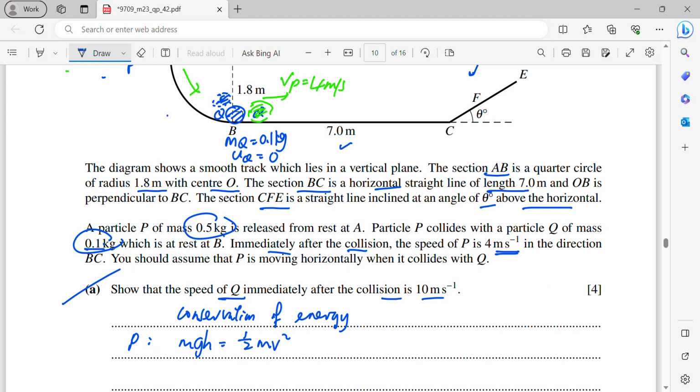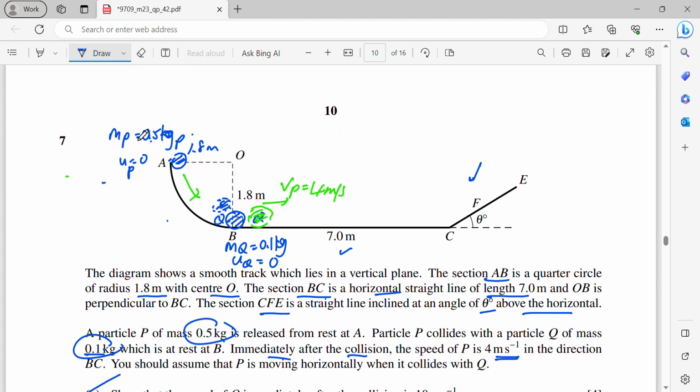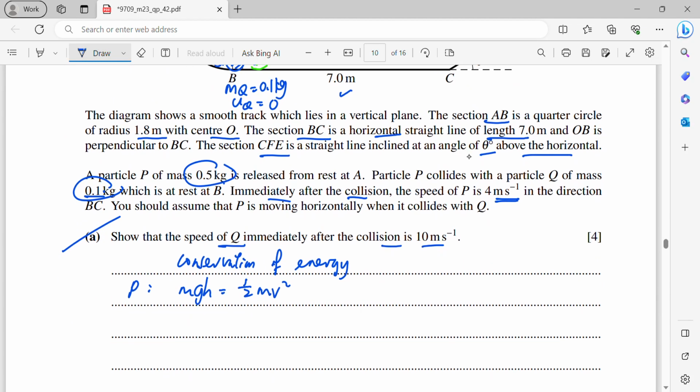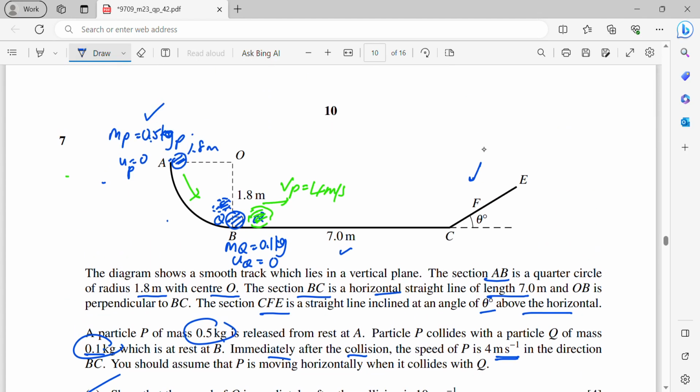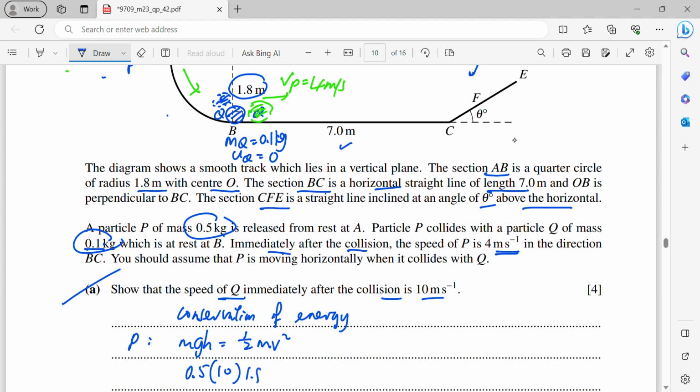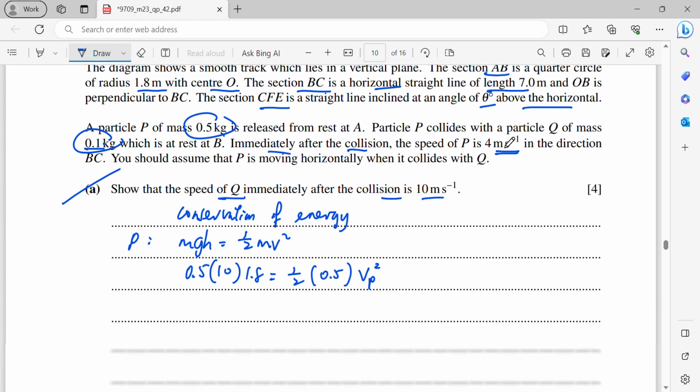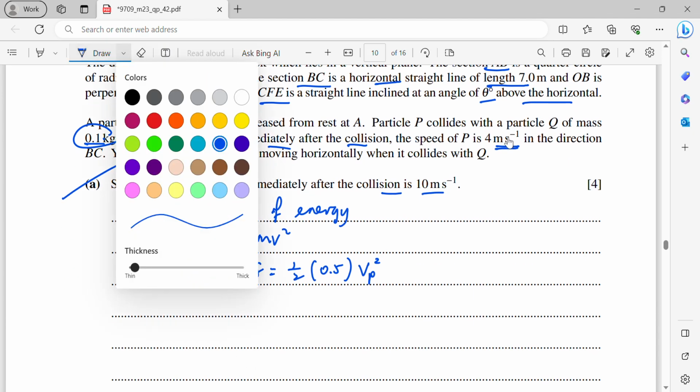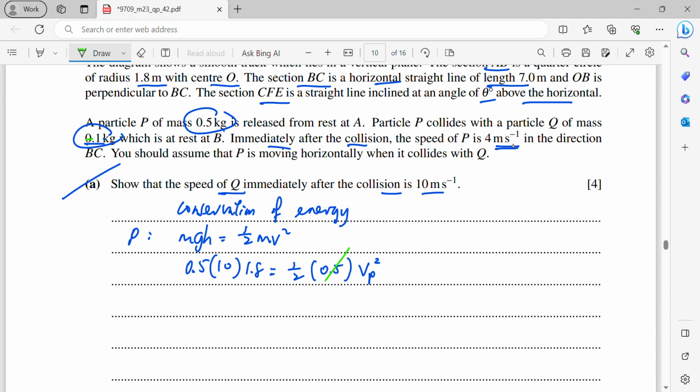So for P, the m is 0.5, the g is 10, the h is 1.8, this is the vertical distance, then half times m which is 0.5, then v I do not know, I will let it be v_P squared. So the 0.5 will be cancelled off.